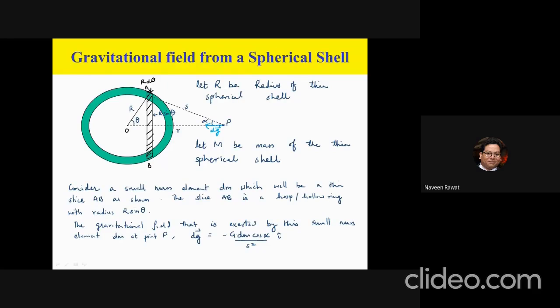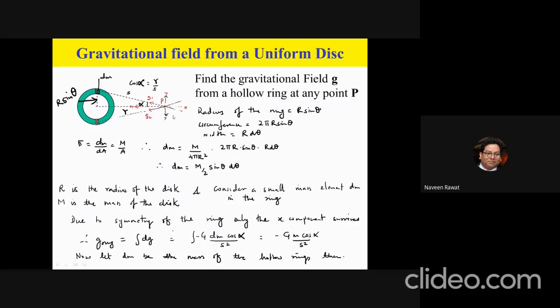So the total area that we are looking at for our ring will be 2 pi R sine theta times this width, which is R d theta. We have done this before, it's exactly the same expression. We are using the idea that sigma is the surface density, so dm can be written as sigma times this value here, 2 pi R sine theta R d theta, and that's what we have written down.